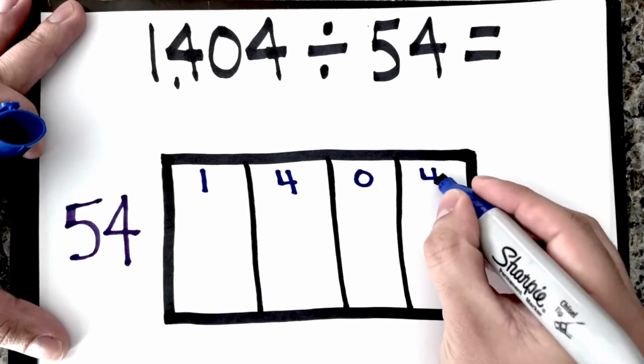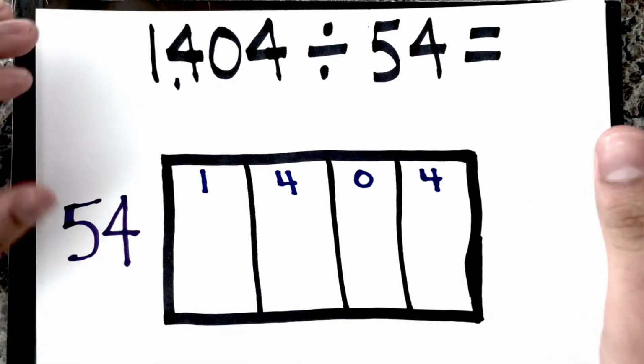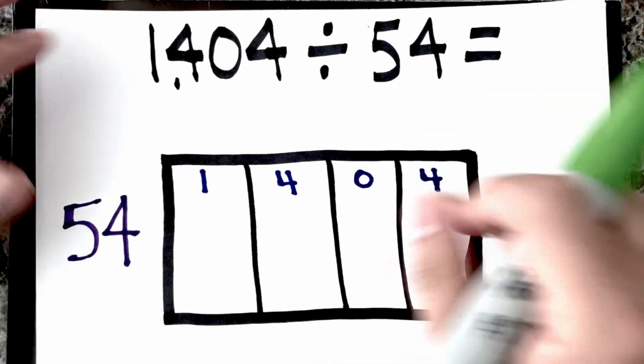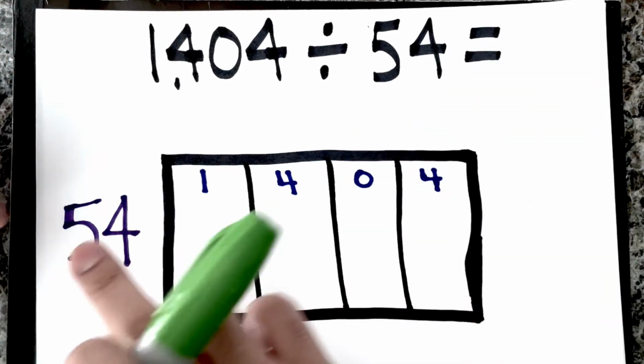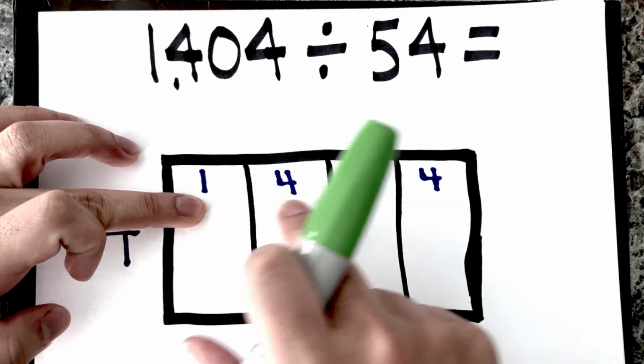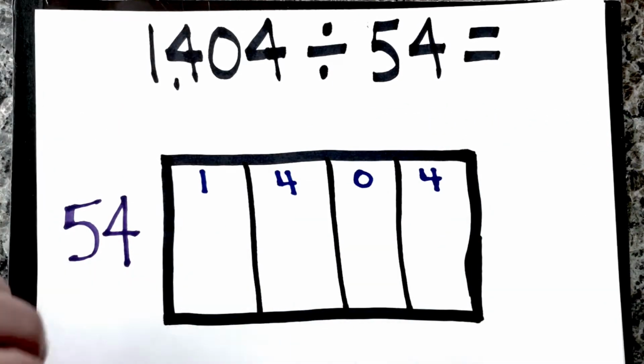Bam. There we go, just like that. All right, so we finished up our steps here. We did our step one, we drew our box, cut it into 4 digits. We did our step two, we put our divisor on the outside, our dividend on the inside, and we have it split into each place value, okay?